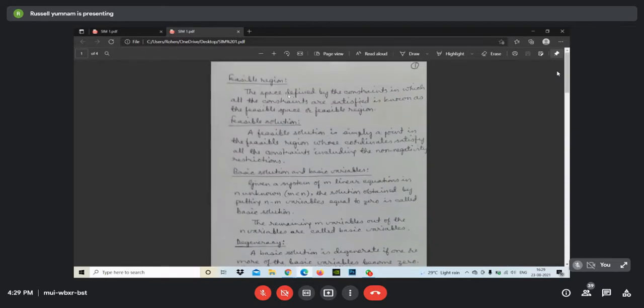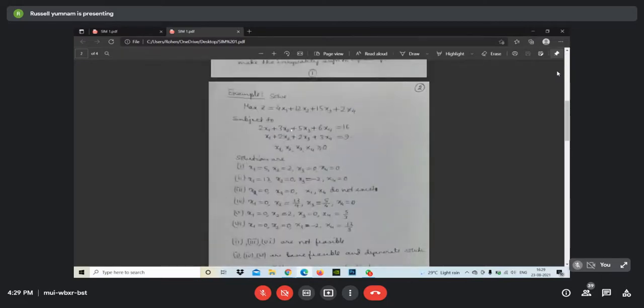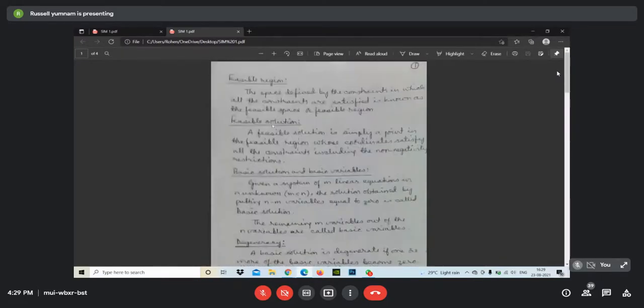The space defined by the constraints, where constraint means this type of equation, in which all the constraints are satisfied is known as the feasible space or feasible region. Please remember the problems you have done in class 11 or 12.